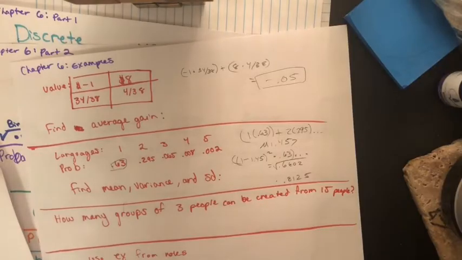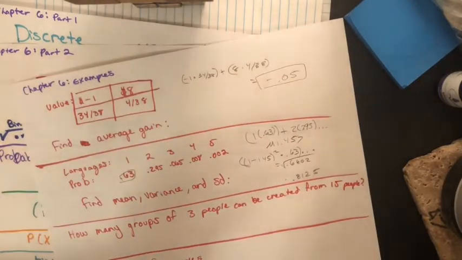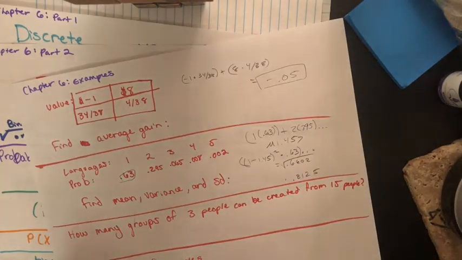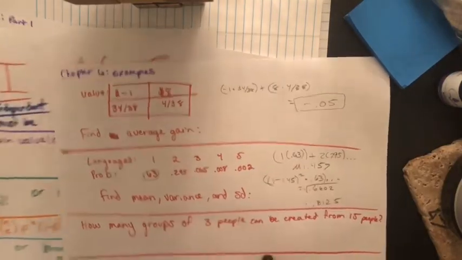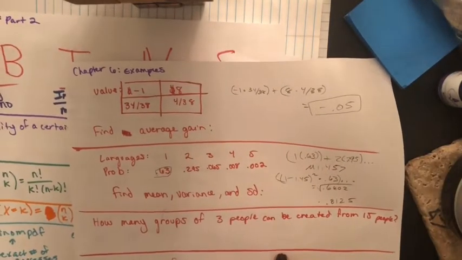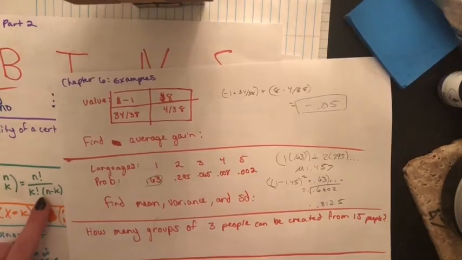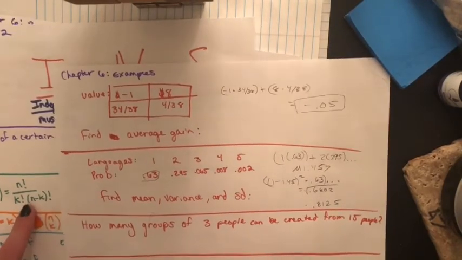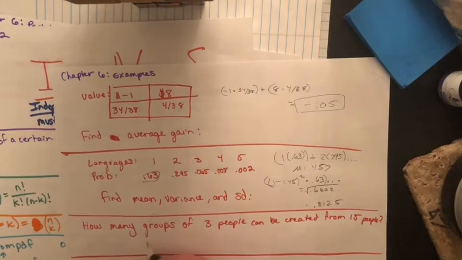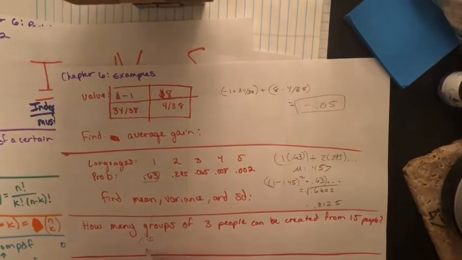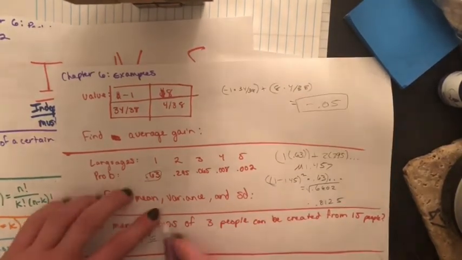Okay, now to do an example of the exclamation point thing. I'll keep this out here so you can see the formula here. So how many groups of 3 people can be created from 15 people? So on top, you're going to have 15, then over, or not over, sorry.